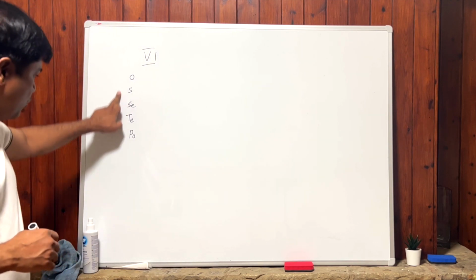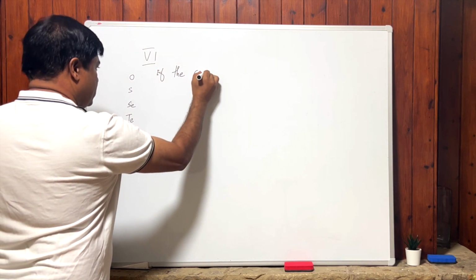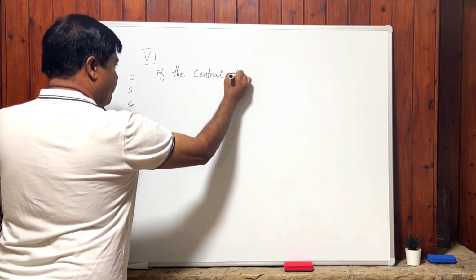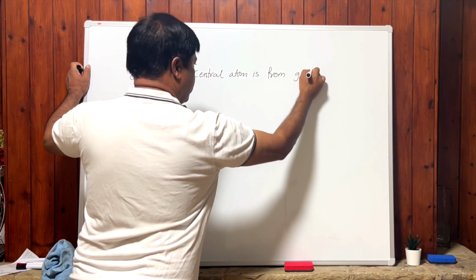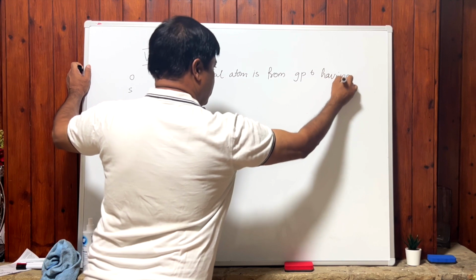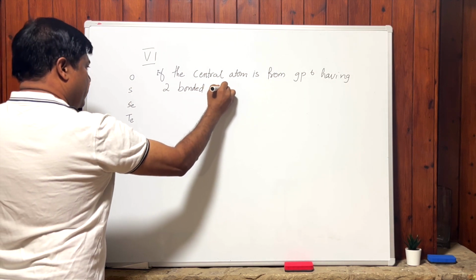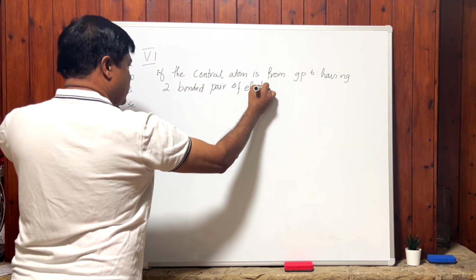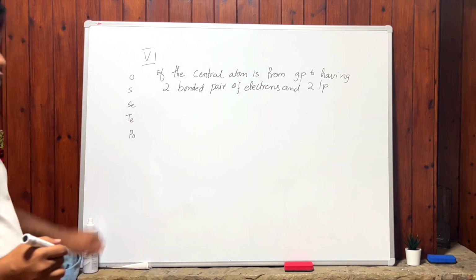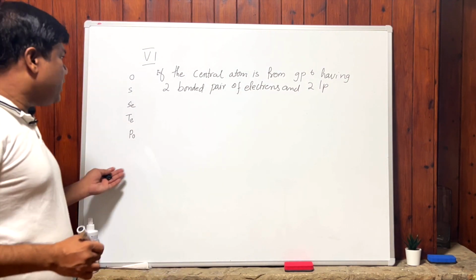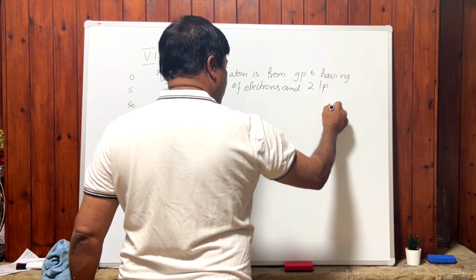If the central atom is from group 6 element, having 2 bonded pairs of electrons and 2 lone pairs, we can take the example of the water molecule.